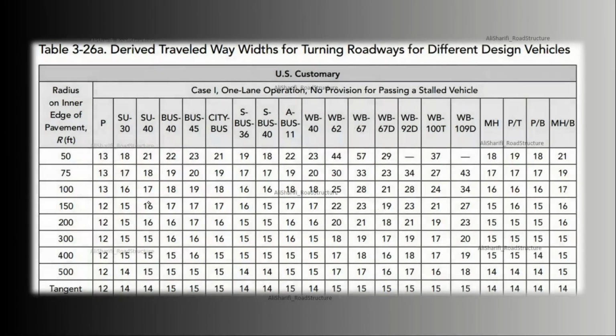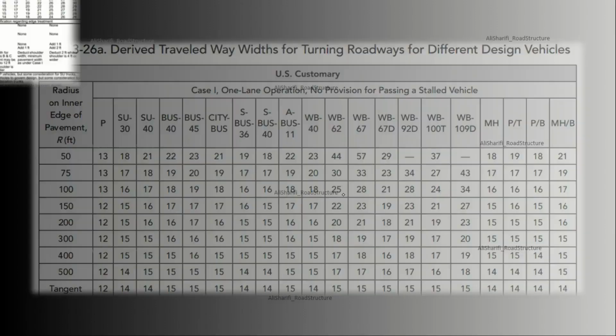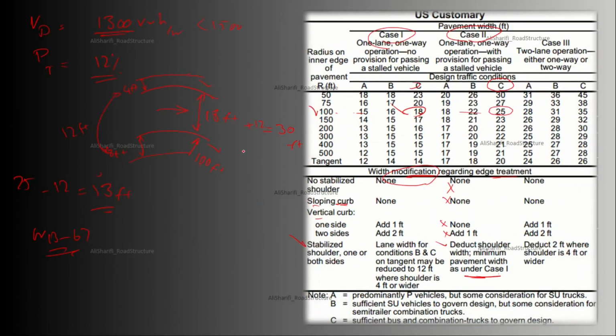This table says under case 1 for angular radius of 100 feet, the turning roadway should be at least 26 feet wide to accommodate a WB67 under case 1, which is less than the width of this turning roadway. So there is no need for any more modification.